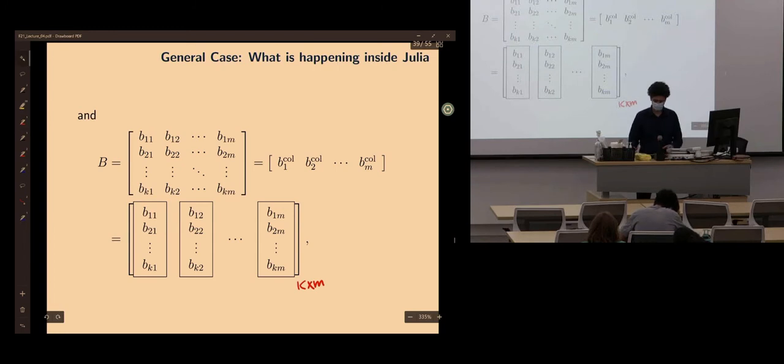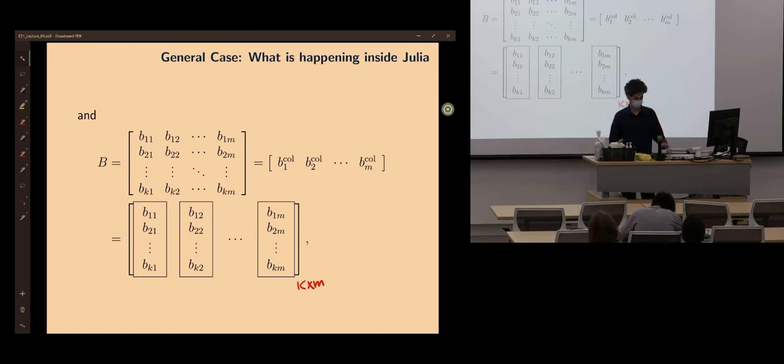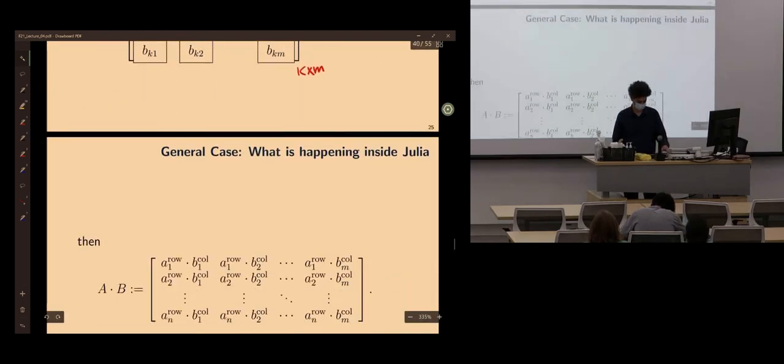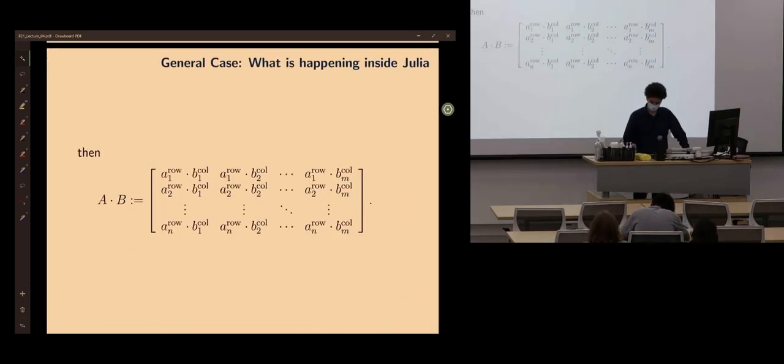And as we discussed, the standard matrix multiplication involves multiplying each row of the first matrix by the columns of the second matrix. So each row by the column, row 1 multiplied by every single column of B, row 2 multiplied by every single column of B, and so on, right?